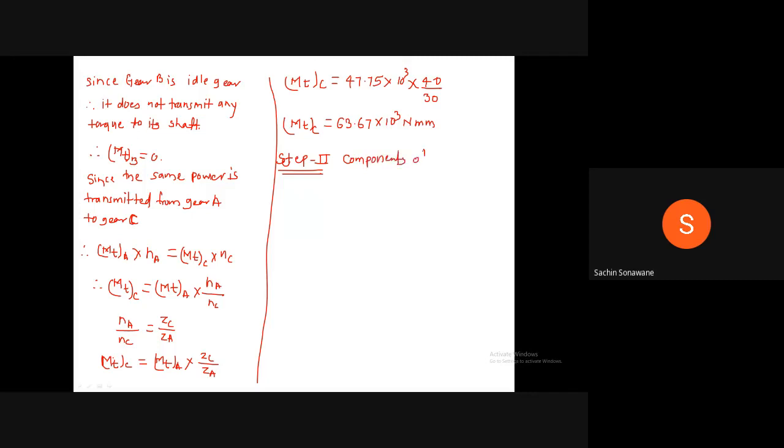We have seen in case of force analysis, first of all, along the pressure line, the normal force is acting. That normal force is divided into two forces, that is tangential force and radial force. Therefore, components of gear tooth forces means we have to find out tangential force and radial force.